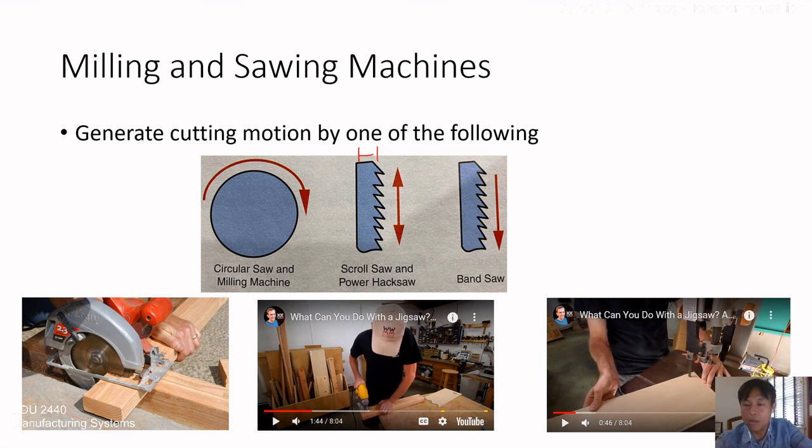So inside the bandsaw there are two wheels. This is an axle, connected with a motor.